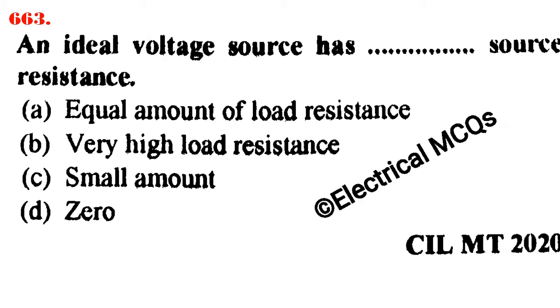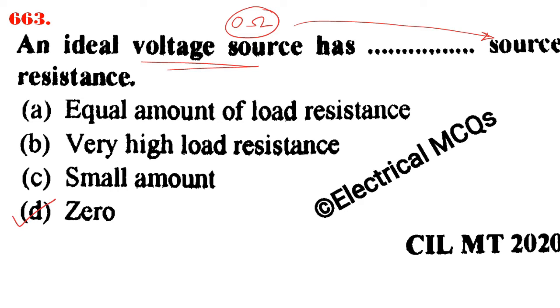What is the question? An ideal voltage source has dash source resistance. You know, ideal voltage source always has zero internal resistance, which is also called as the source resistance. So option D here will be the correct answer.